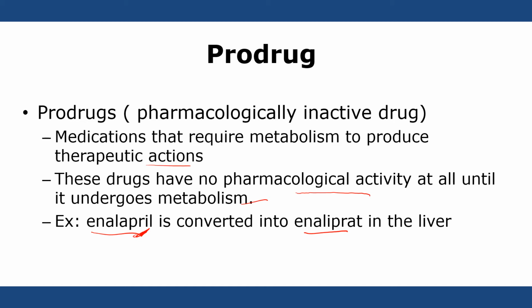Another drug I can think of is levodopa, which is prescribed for Parkinson patients. The etiology for Parkinson is they have low levels of dopamine, but we really can't just take dopamine, so we take a prodrug and eventually it will be converted into dopamine.